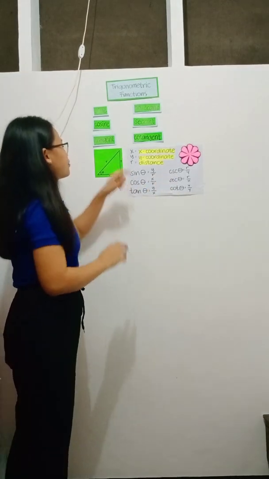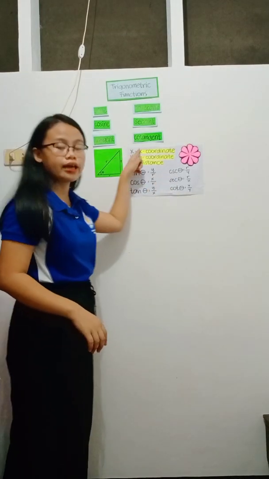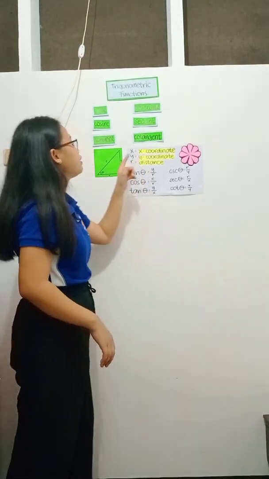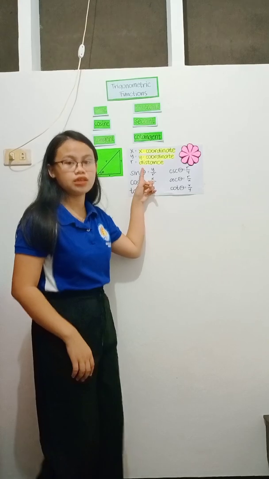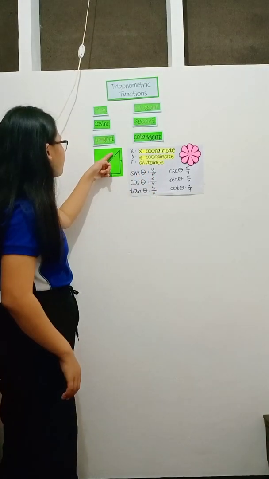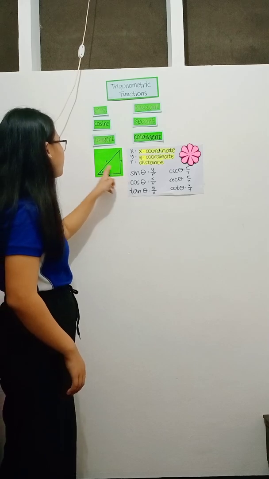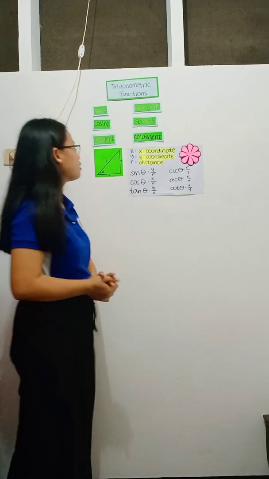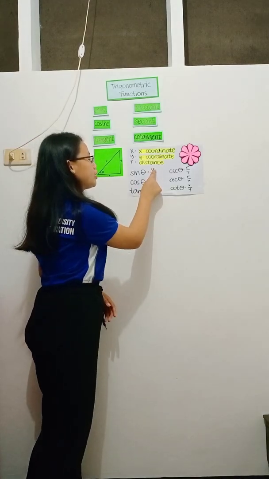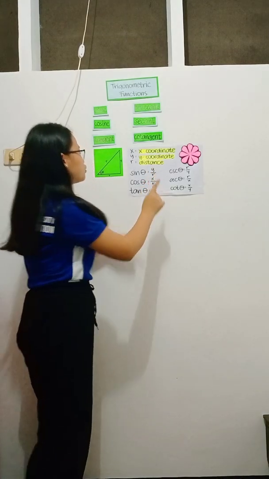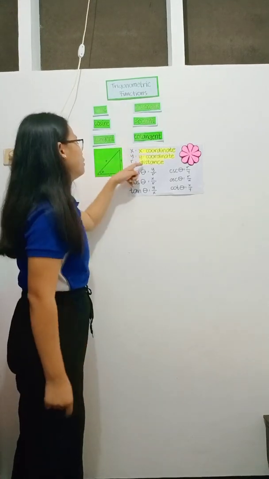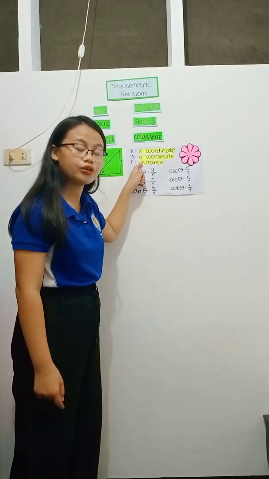The x here is the x coordinate, the y is the y coordinate, and the r is the distance, or the hypotenuse. To get the sine, we have the formula y over r, the value of the y coordinate divided by the value of r, or the distance.